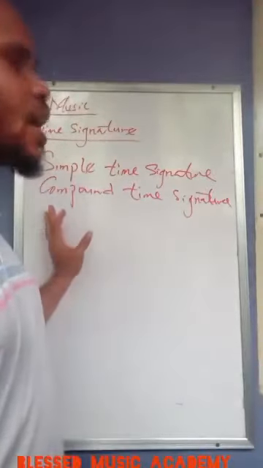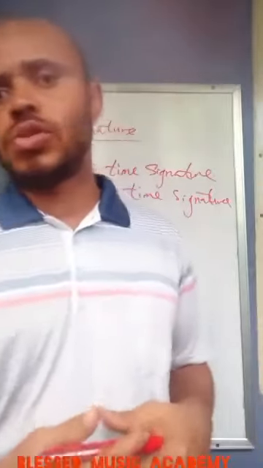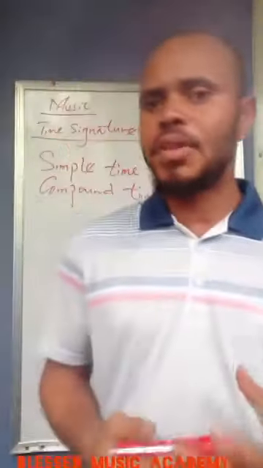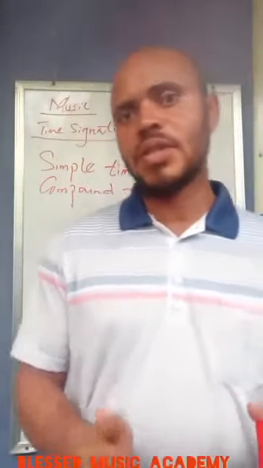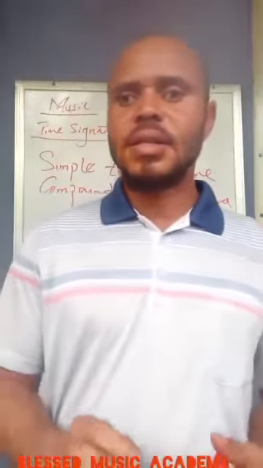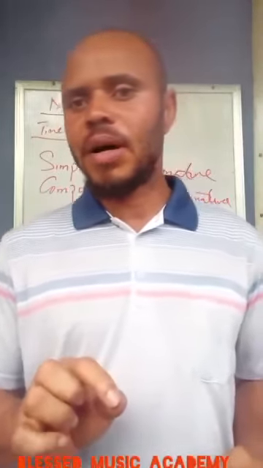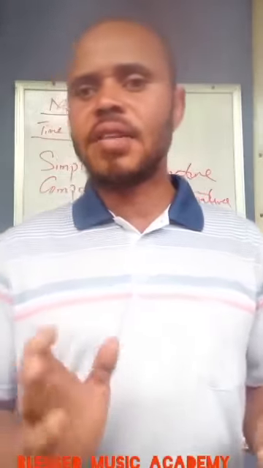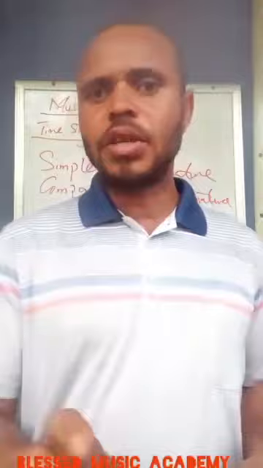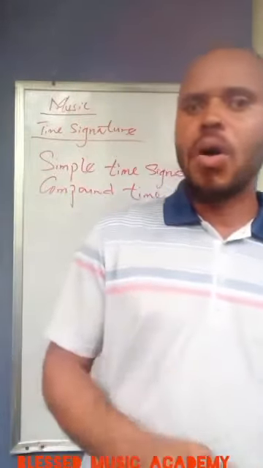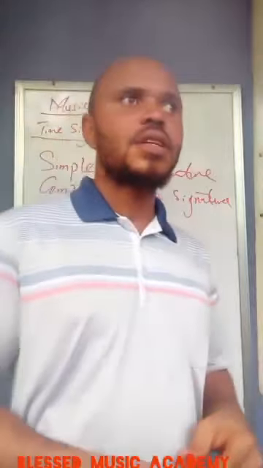These are the two types of time signature. I think it's best for us to look at the simple time signature because it will be easier for us to understand. Now, 6/8, that's one of my fan asks, is a compound time signature. I'm going to touch a bit on that, but I will dwell more on the simple time signature.